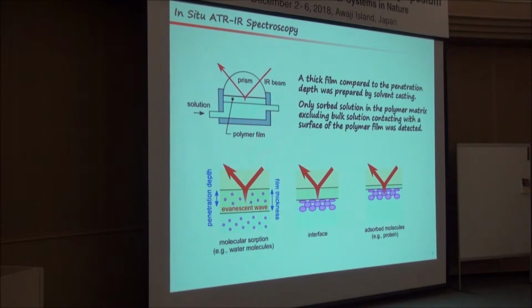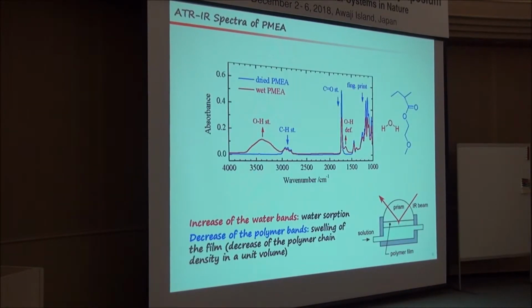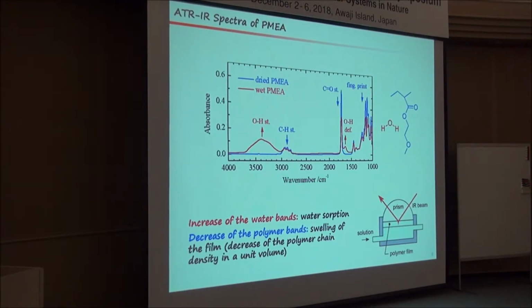By using this method, we obtain such spectra. These are the ATR spectra of PMEA. The blue one is the spectrum of PMEA measured under dried conditions using nitrogen gas flow into the cell. And the red one is hydrated PMEA. This spectrum was obtained after injecting water into the cell.